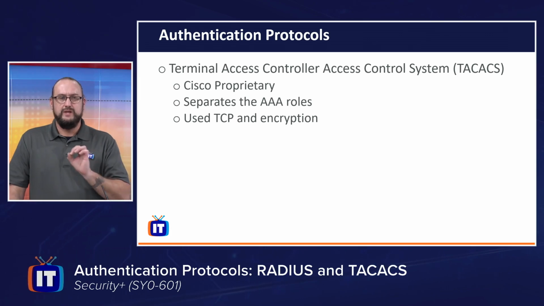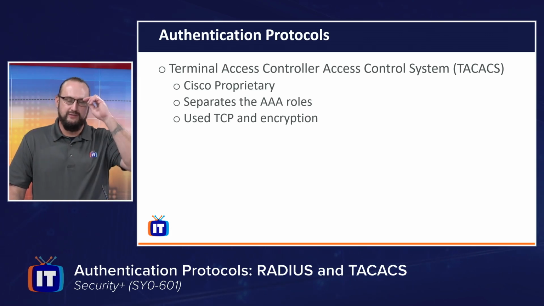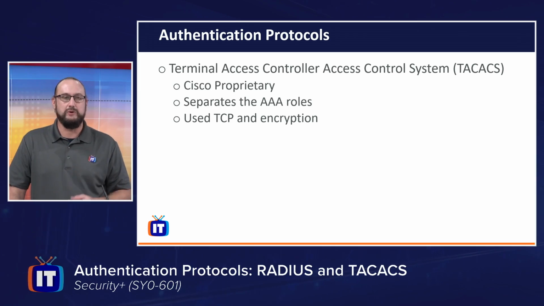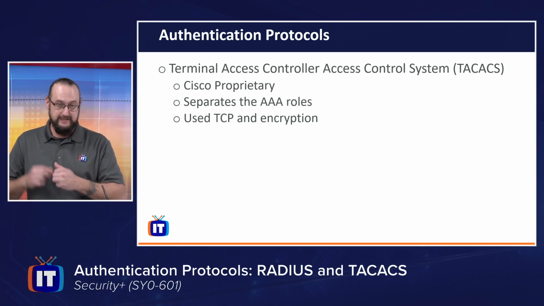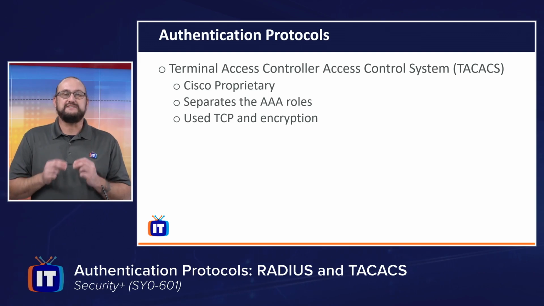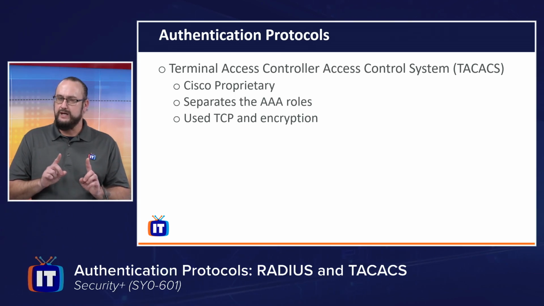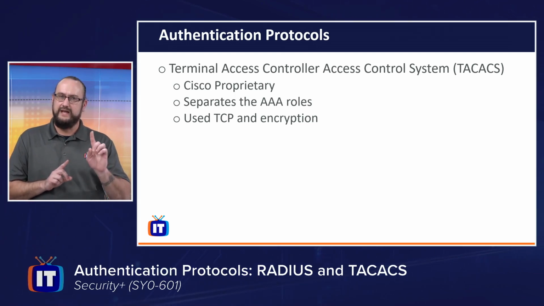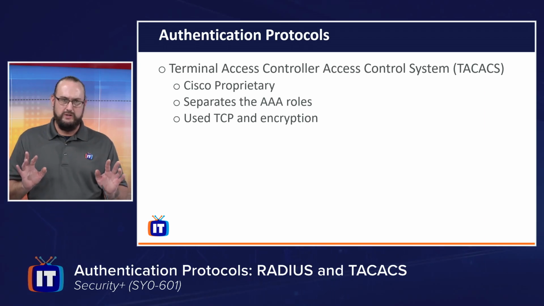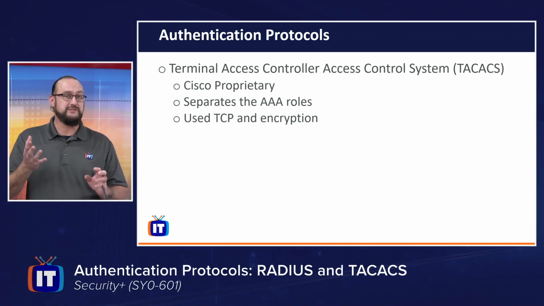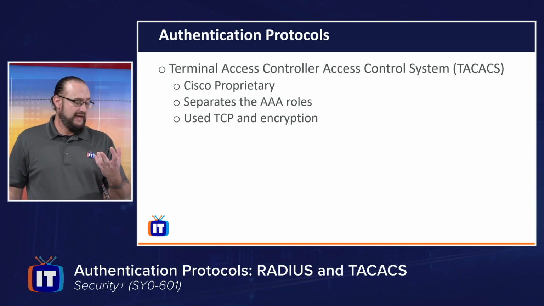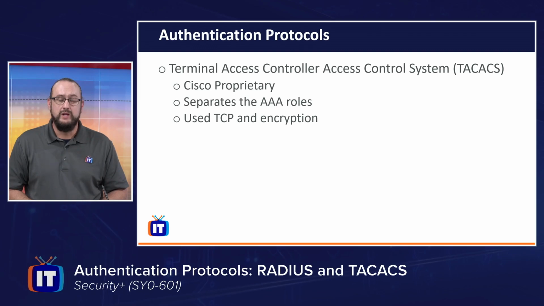Unlike Radius, the TACACS Plus protocol uses TCP. Now, why does that make a difference? If you remember your Network Plus communications, UDP is a connectionless protocol. It doesn't verify; at best, you get a checksum that says that's bad, throw it out.